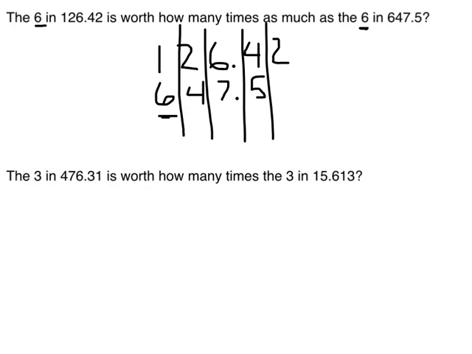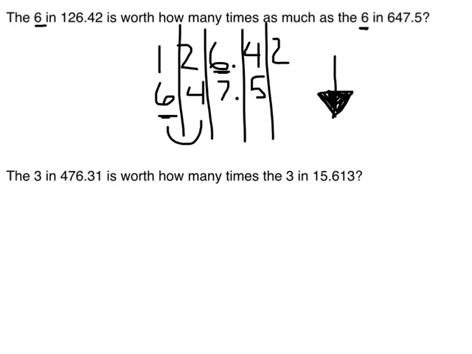Look at that bottom 6. What place is the bottom 6 in? It's in the hundreds place. What place is the top 6 in? It's in the ones place. To go from the hundreds place to the ones place, do you increase or decrease in value? You decrease. How many places did the 6 decrease?